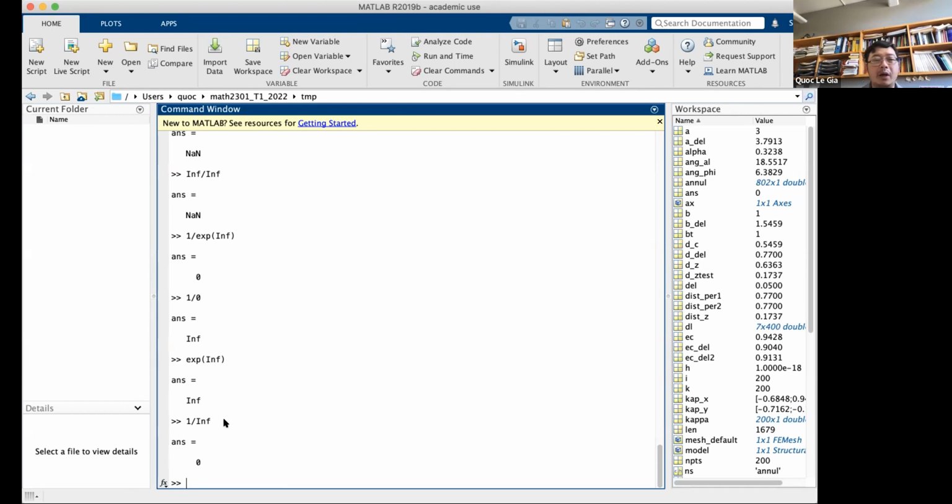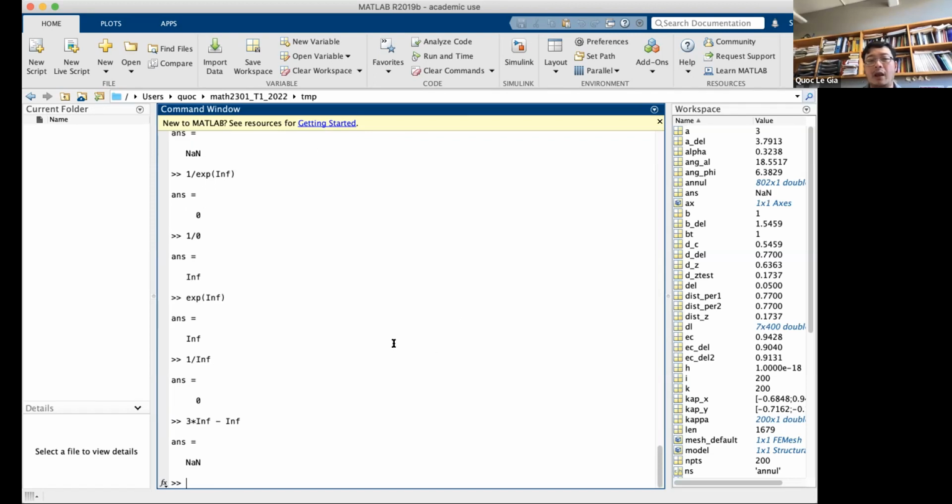Okay. Now what happens if I have 3 infinity minus infinity? Still not a number, because it's an indefinite form.